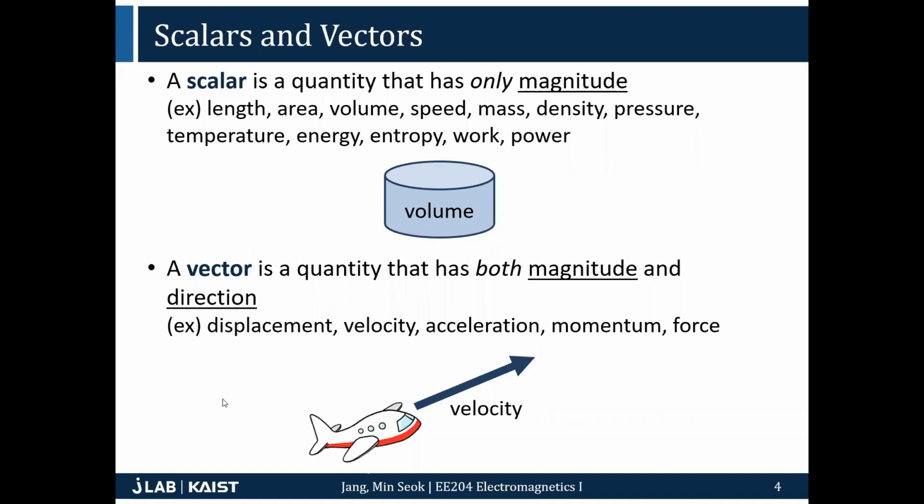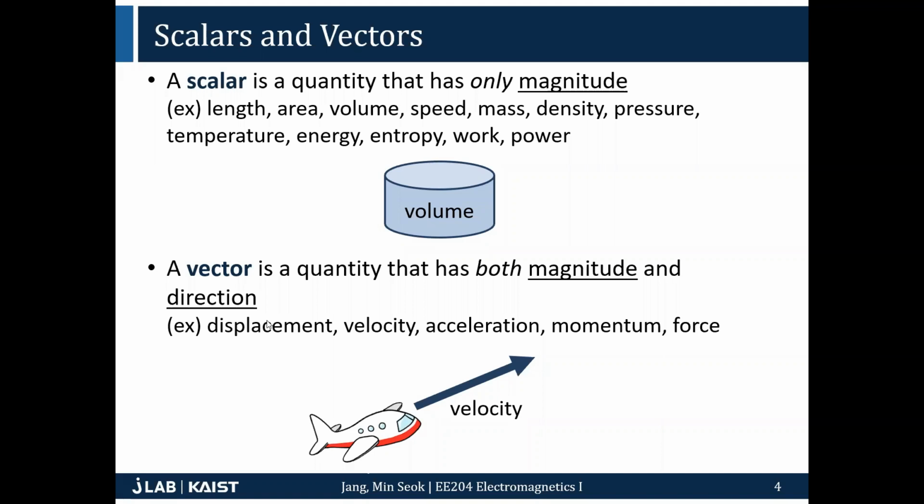So the scalar and vectors. I mean, everyone knows about scalar and vector, right? A scalar is a quantity that only has magnitude, like energy, work, power, temperature, just defined as a single number. Temperature is just a single number. It doesn't have any direction. A vector, instead, has both magnitude and direction, which means it has multiple numbers.